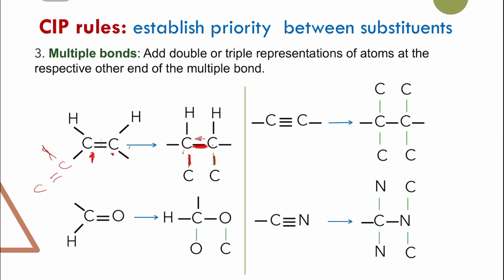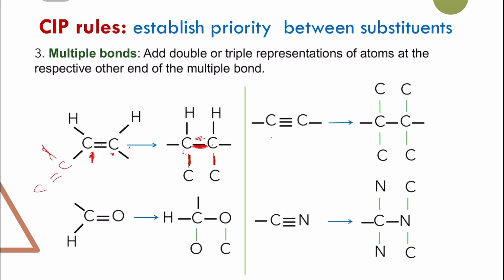So now when I draw this double bond, I will consider as if it has two different carbon atoms. So I will revert it back as if it's attached to different carbon atoms. I'm not going to deal with it as it is. So I have to revert it back as if it has different connections, not connection with only one atom.